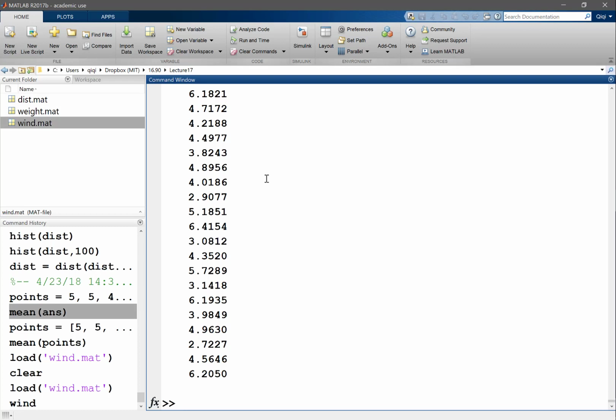Because this is manufactured, but I'm sure you can get real data, and you may have to pay some money to get data of sufficient quality. Let's say this is the wind in meters per second for the last 10,000 days. All right, what would you do after you get the data?